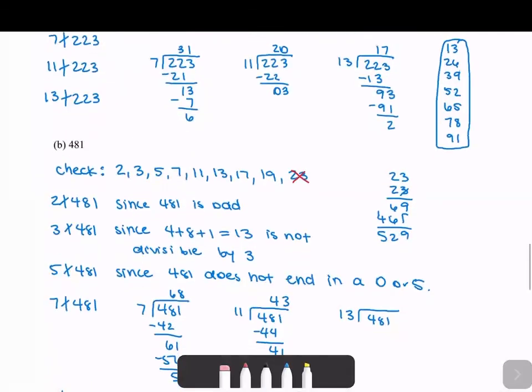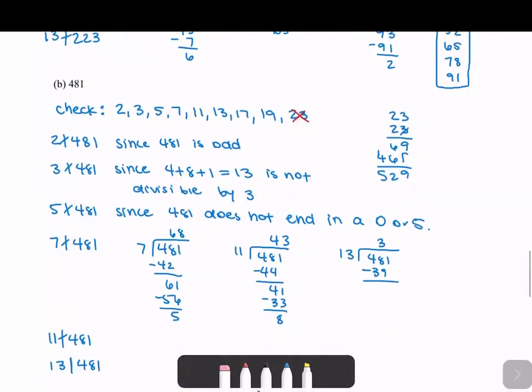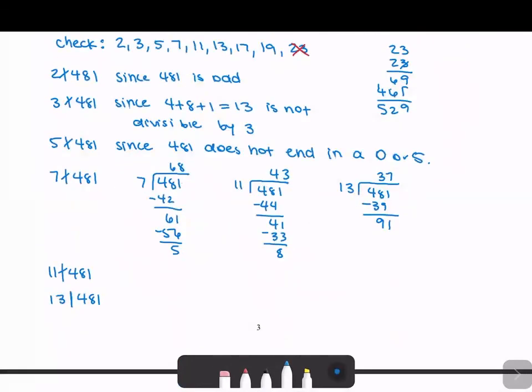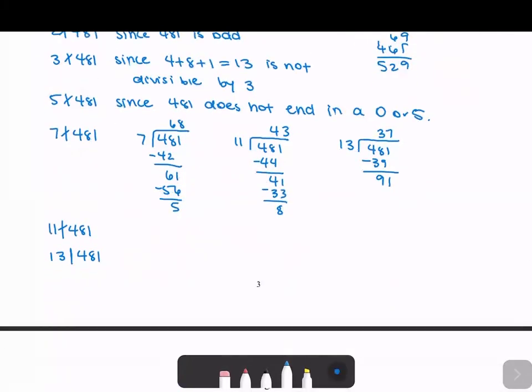So 13 goes into 48 3 times, with 9 left over, then we bring down the 1, and hey, look at that. This is 13 times 7. So this doesn't have a remainder. So 481 divided by 13 is exactly 37. So 13 does indeed divide 481. So that means that 13 is a factor of 481.